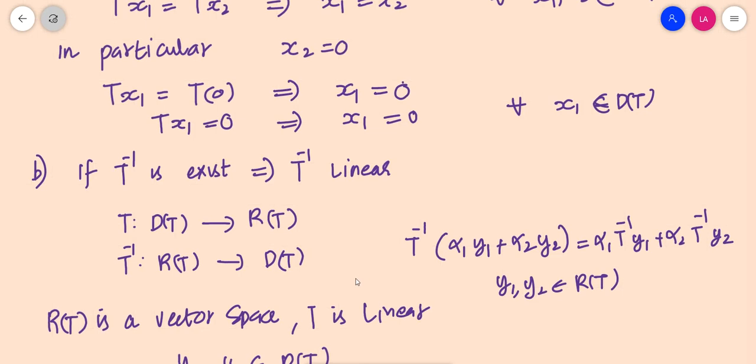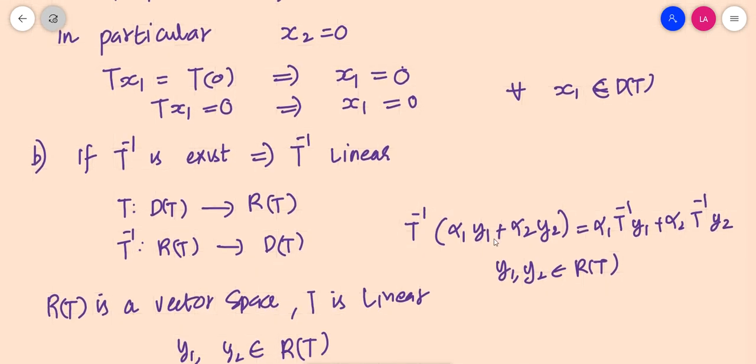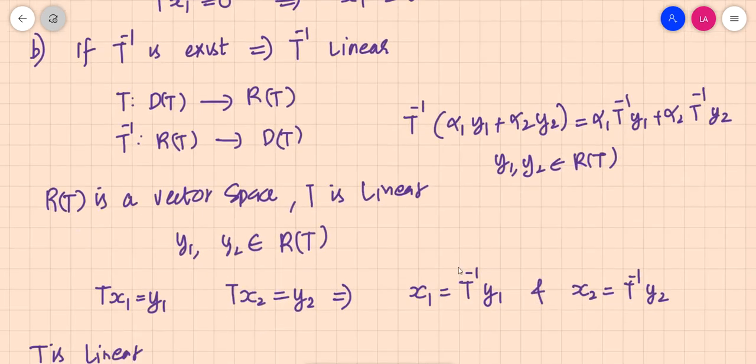Now the second part. If T inverse exists, then T inverse should be linear. So T inverse is a map from R of T to D of T. In order to prove that it is linear, for every y1, y2 belonging to R of T, T inverse of alpha 1 y1 plus alpha 2 y2 is equal to alpha 1 T inverse of y1 plus alpha 2 T inverse of y2.